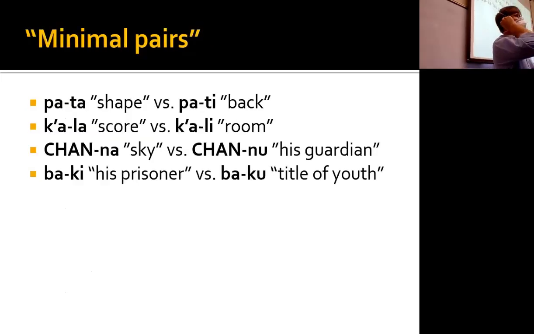There's some minimal pairs. And by minimal pairs, we mean that these spellings are definitely spelling different vowels, and the distinction creates different meaning. So say pot is to shape, pot is back. These are different words, meaning different things, very much like English, Pete and pit.